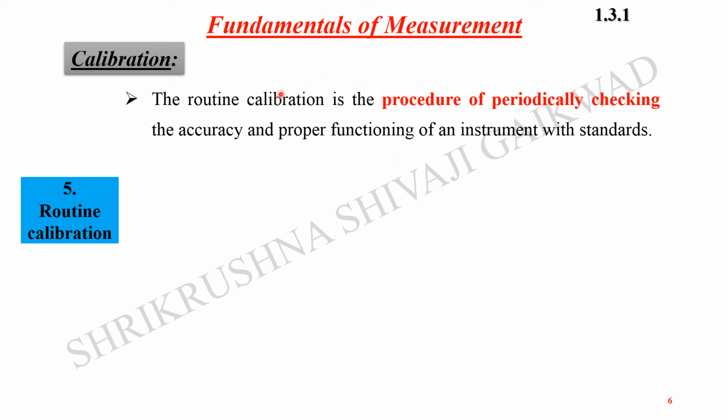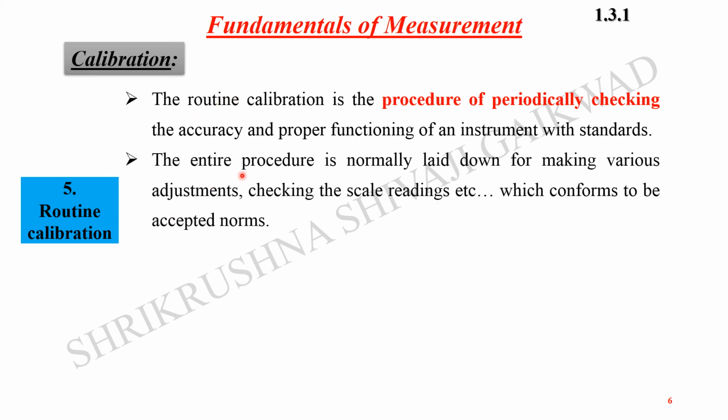So this is what we call routine calibration. Periodically checking, or whenever some discrepancy is observed by daily users, comes under routine calibration. The entire process is normally laid down for making various adjustments, like checking the scale readings, etc., which conform to accepted norms.